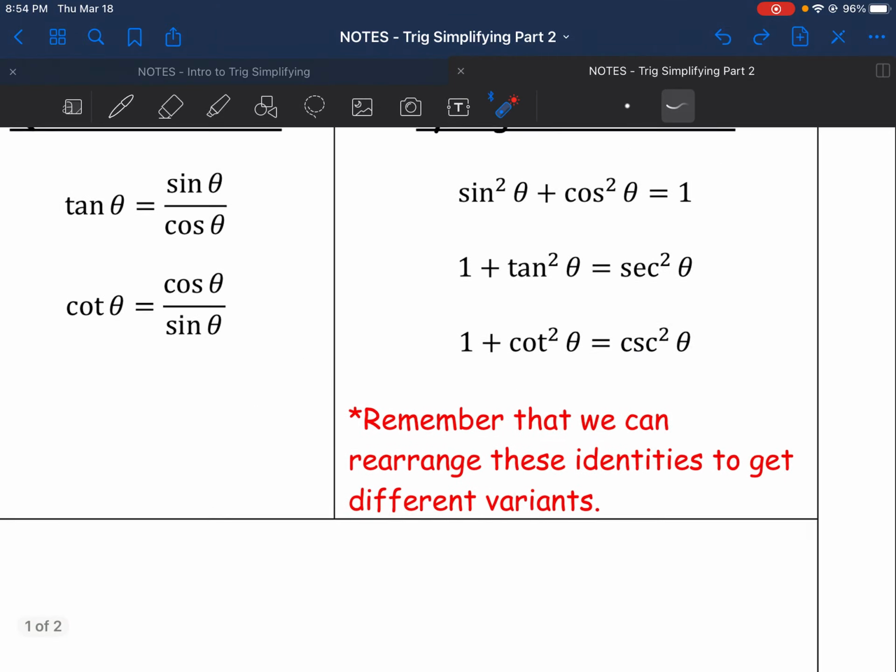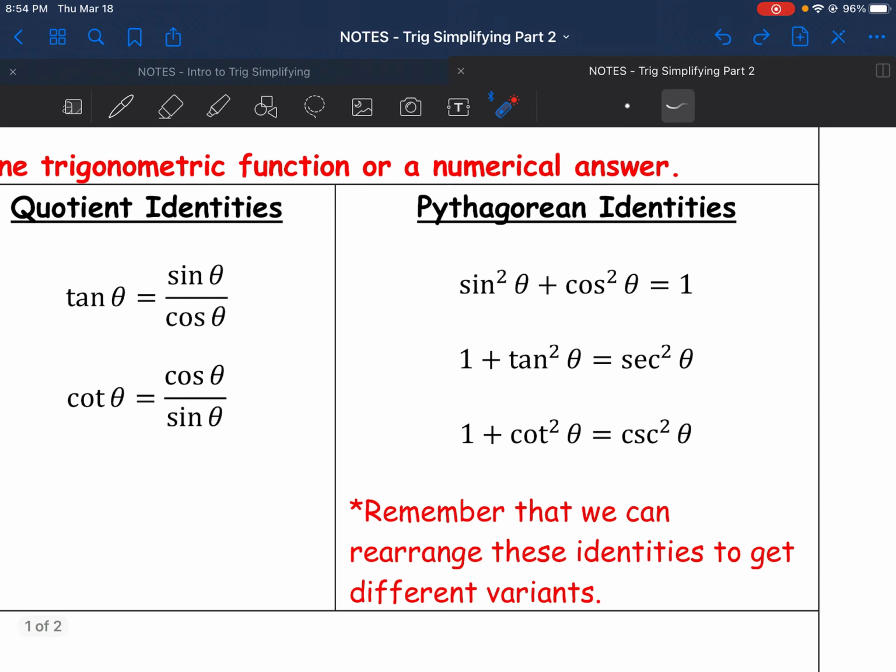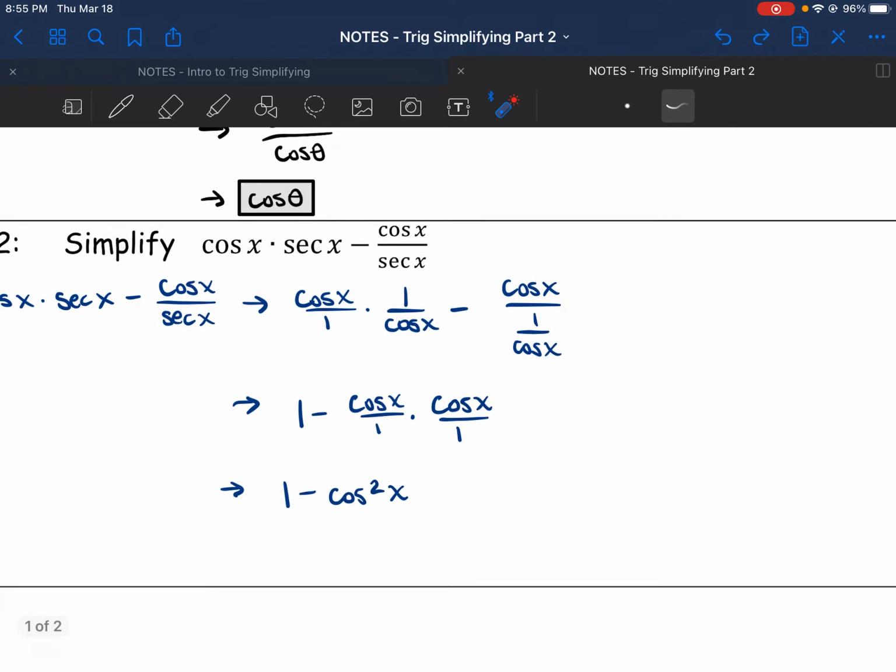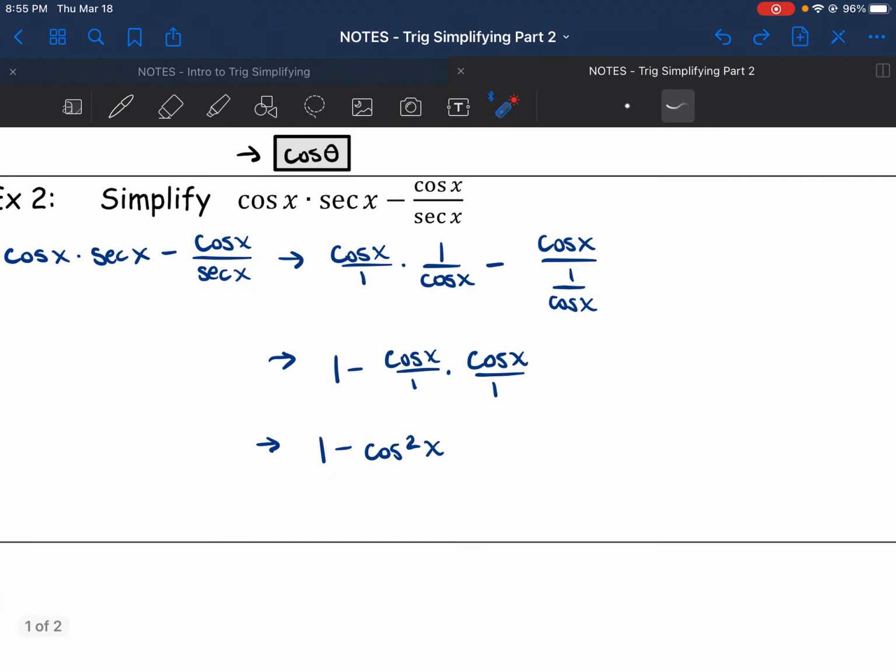If I subtract cosine squared x and get the sine squared by itself, then I get sine squared x equals 1 minus cosine squared x. So that's what this 1 minus cosine squared x will be equal to. It's going to be equal to sine squared x, which is our final answer, because the entire 1 minus cosine squared x is sine squared x.